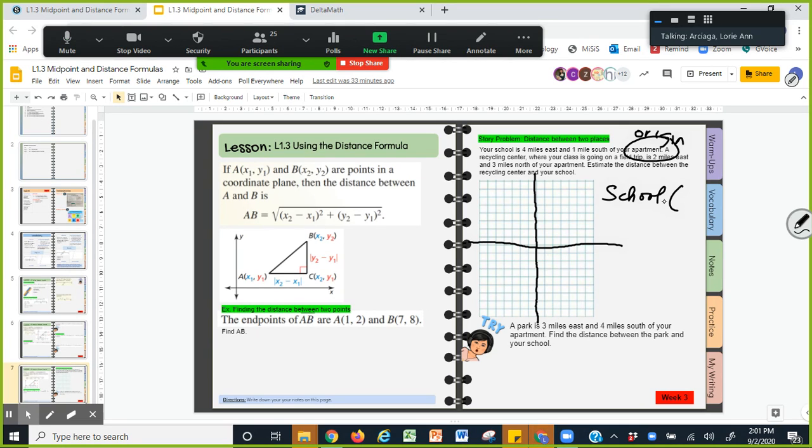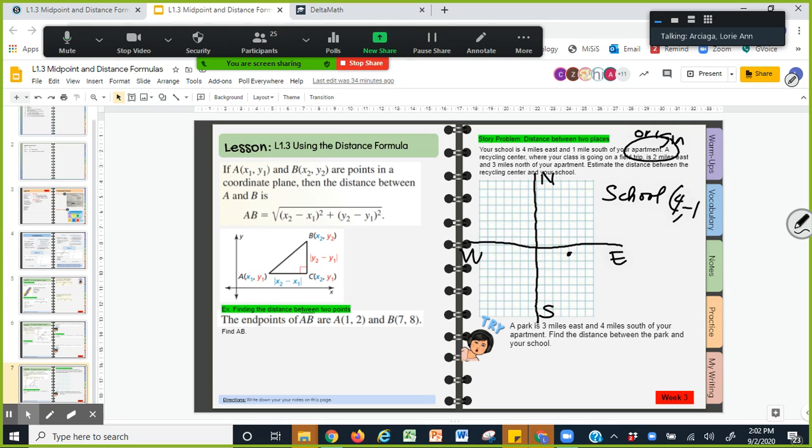So the school is, let's label them north, south, east, west. So if I'm at my apartment, I go 4 east, so 1, 2, 3, 4, that's positive 4, and then 1 mile south, so that's negative 1. So I'm going to be here.